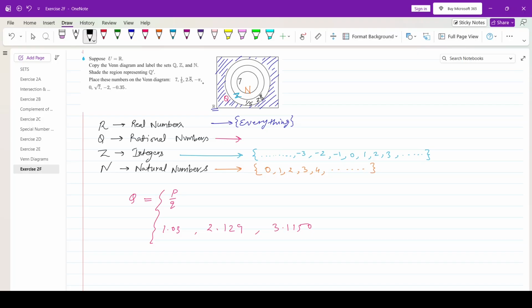Minus pi. Now we know pi is an irrational number. Therefore, pi will be in this shaded part, or negative pi. 0. 0 is a natural number, so 0 will come here. Square root of 7. Square root of 7 is an irrational number, so this will also come with pi.